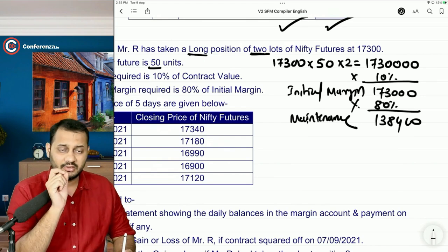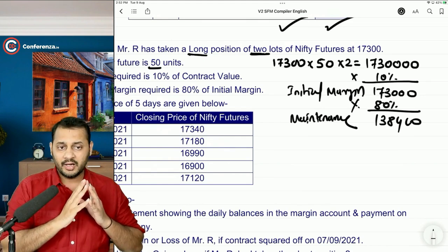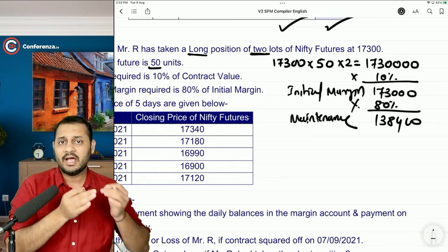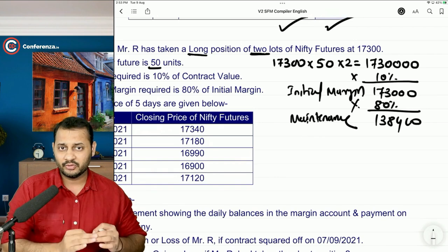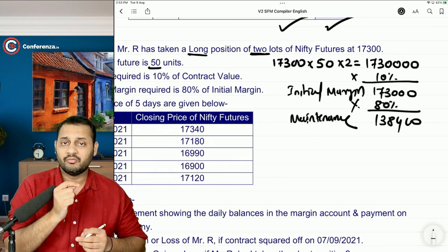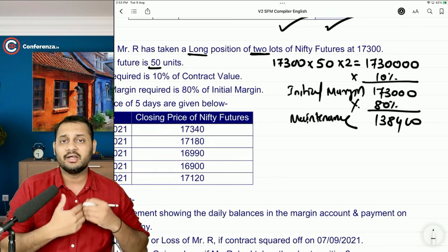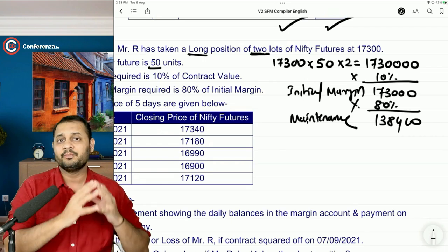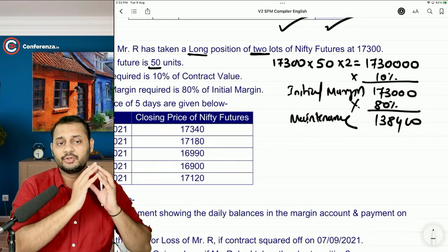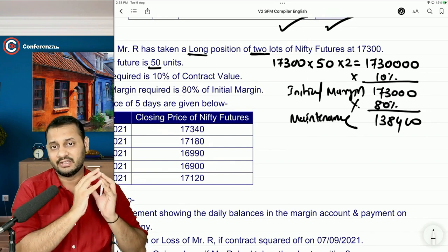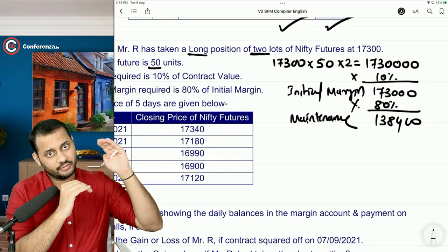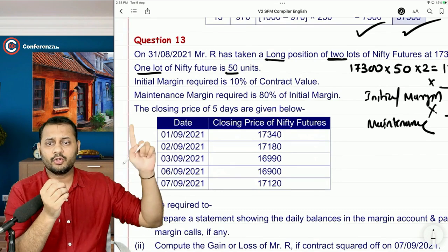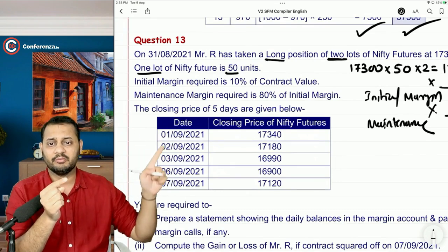That means your margin account should not go below 1,38,400, and if at any point it is going below that, you will have to deposit once again. You will get a margin call and you will start depositing the amount, so that the margin account gets again to the level of 1,73,000. So the top level should be achieved once you get a margin call. Now, it's very simple. The closing prices of 5 days are given below.